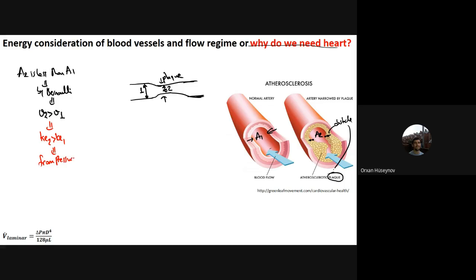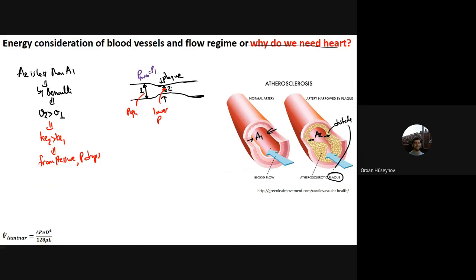So that pressure drops. Here you have the lower pressure, and here you have P high. But the blood is in equilibrium, and equilibrium means that P surroundings is the same as P1.